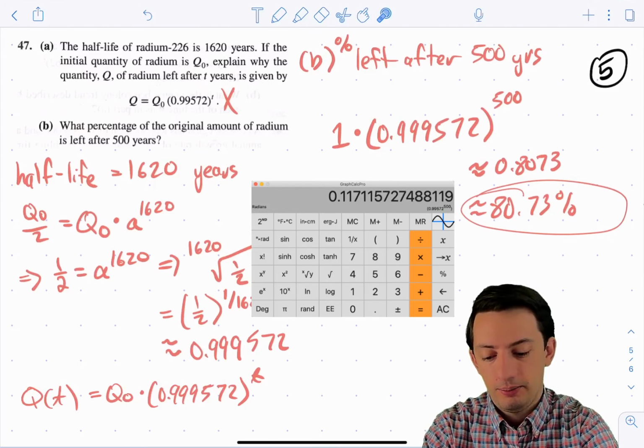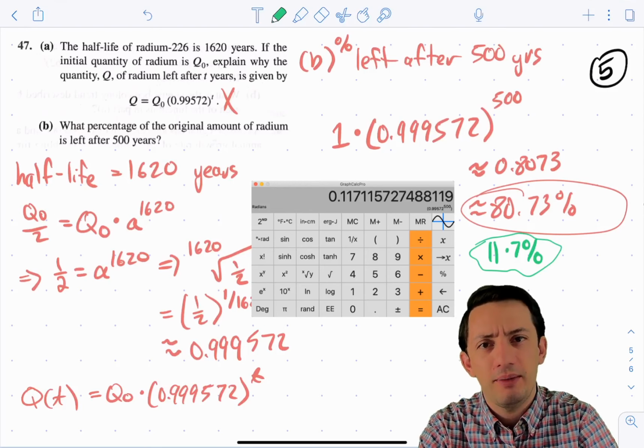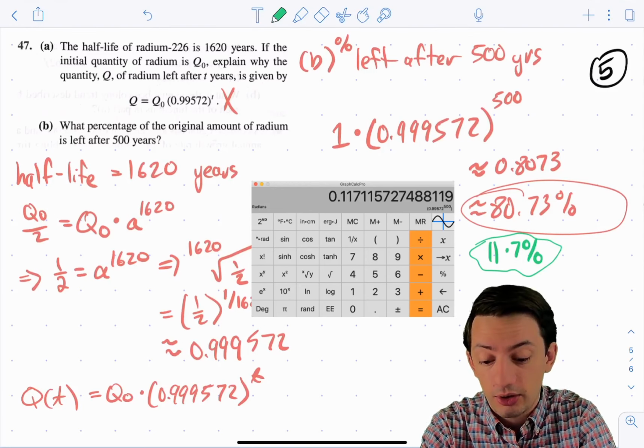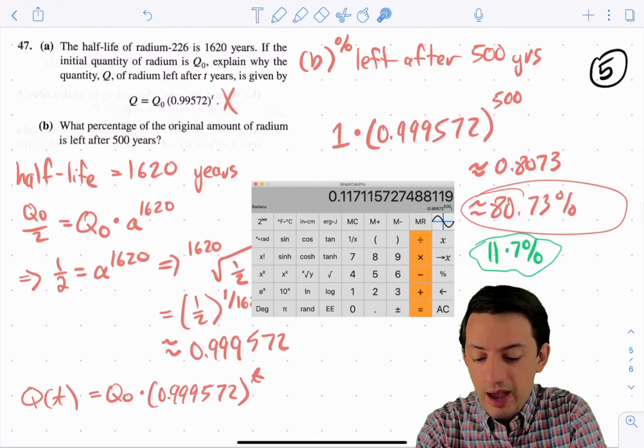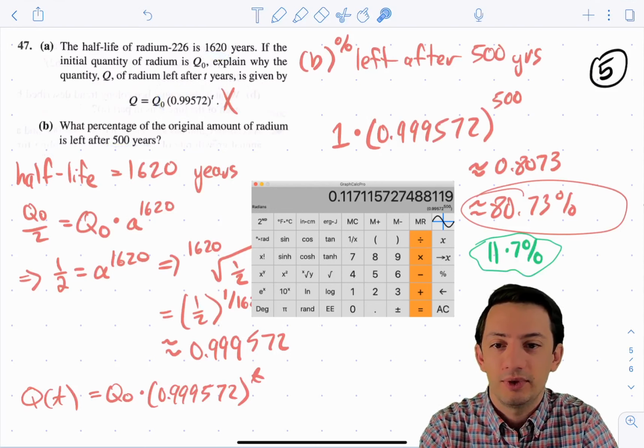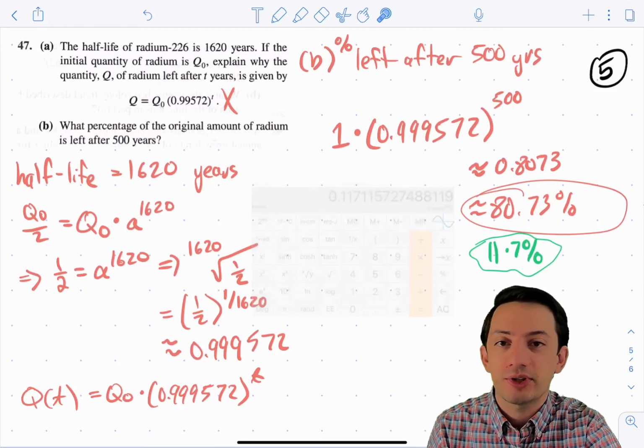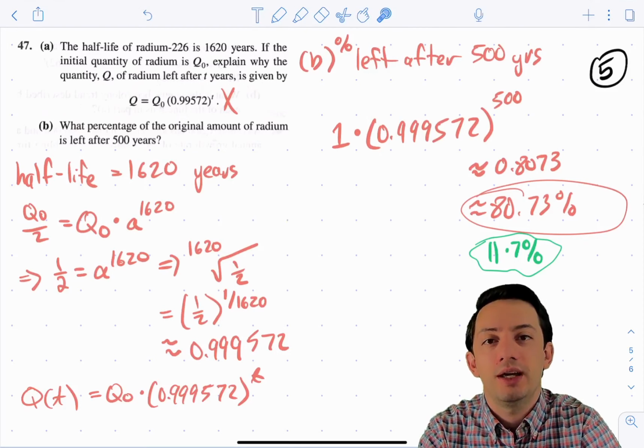Now this is where, if you did this, you would hopefully think about, could that make sense? And you would realize, no, it doesn't make sense at all. A half-life is 1,620 years. That means after that long, 50% should be left. So how could it be possible that after 500, after less than a half-life, you've already lost almost 90%? So it was really helpful for the book to include part B here because it helps us catch their own error in part A.